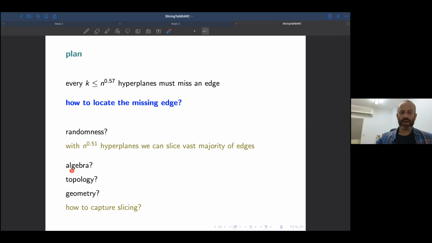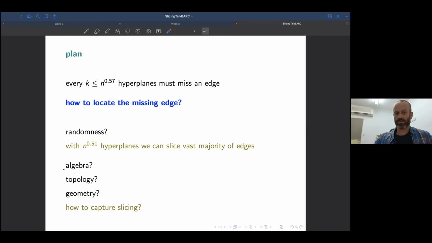We can try to use algebra, sort of embed it in some linear algebra and try to use linear algebra or some other polynomial algebra. Somehow the hard thing is to capture the slicing property. It's sort of an open property. It's hard.